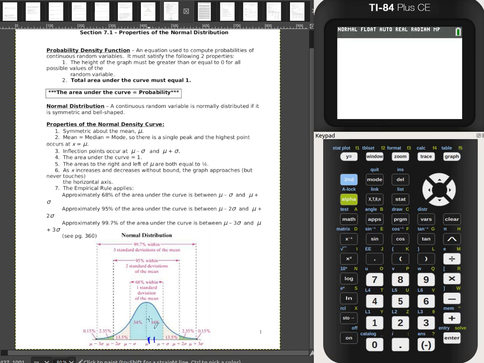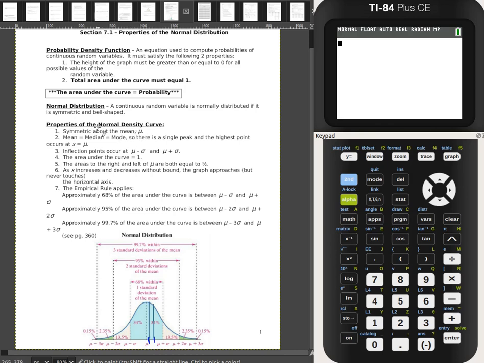Now that it's these two lines, you have a bit of an area between these two, and it will have an actual area. So enough about that one.